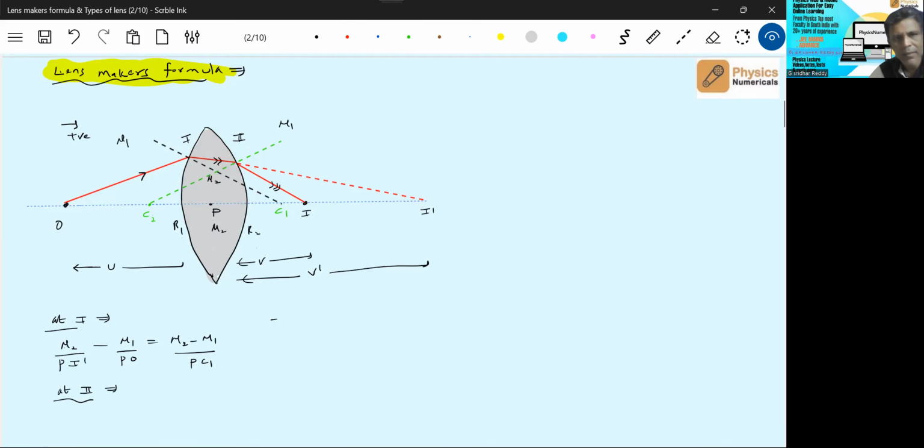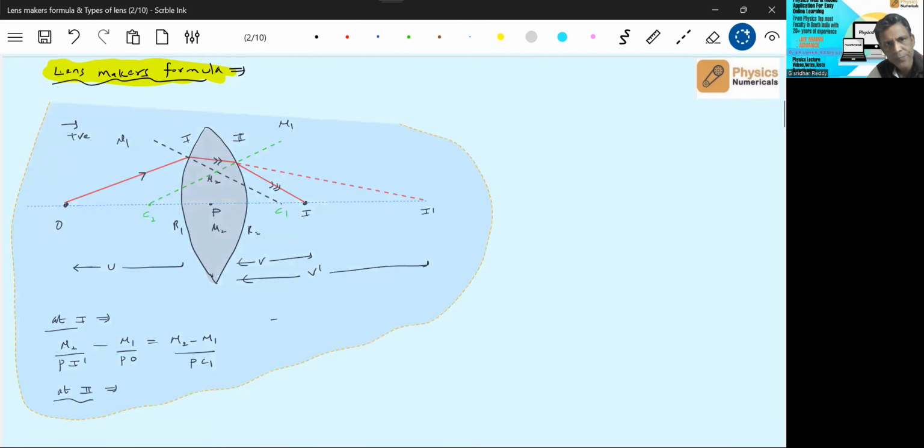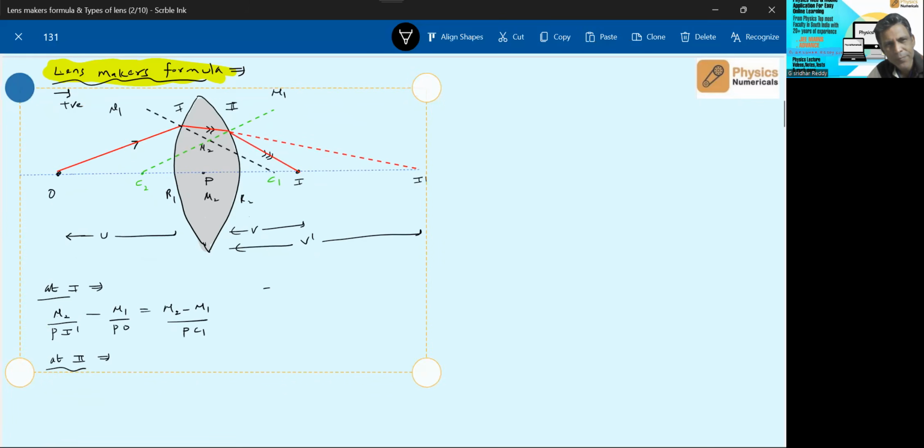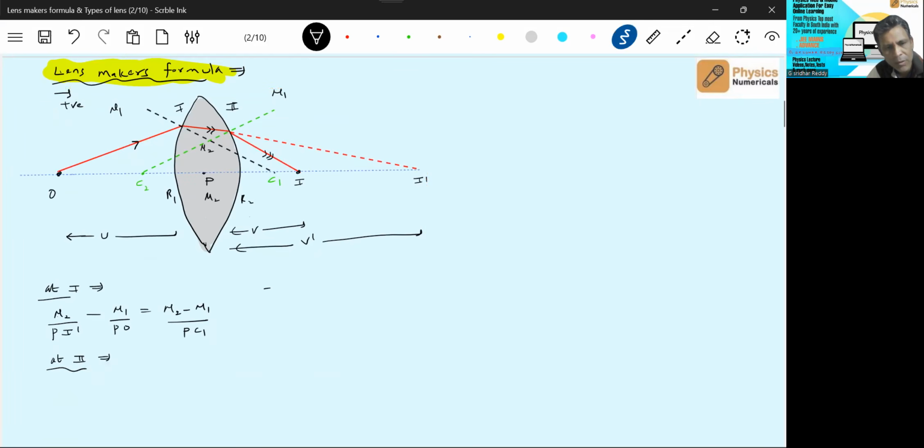Where the refracted ray is present in the rarer medium, mu1 by PI double dash minus, where the incident ray is present here in the denser medium, mu2 by PI dash equals mu1 minus mu2 by PC2.